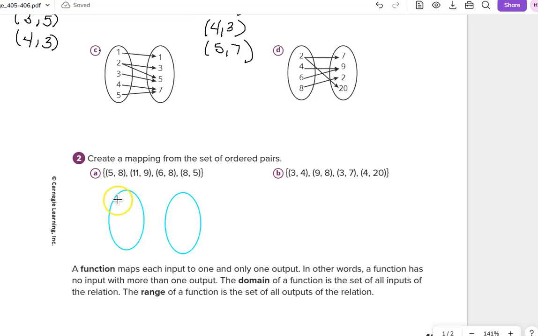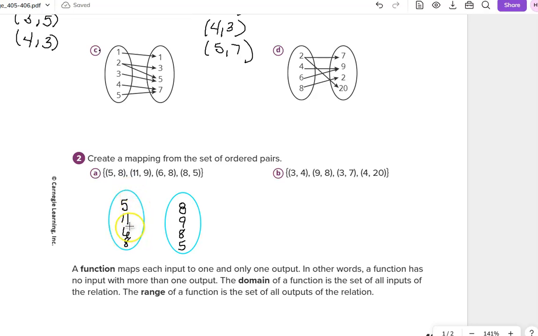Okay, now my X is 5 and my Y is 8. My X is 11. My Y is 9. My X is 6. My Y is 8. My X is 8. My Y is 5.